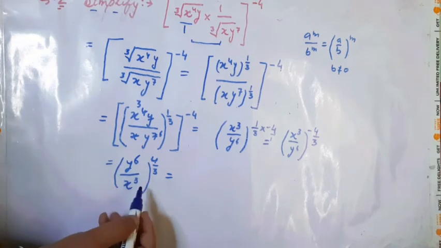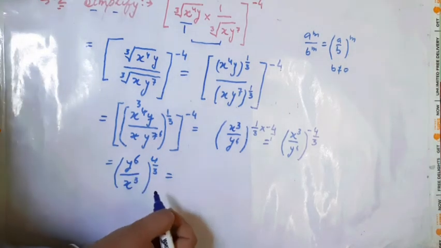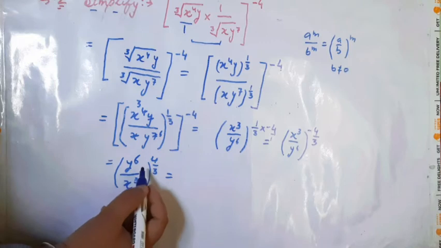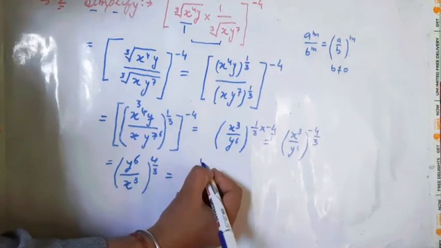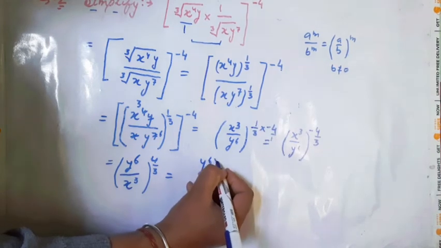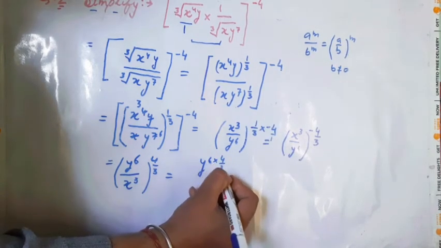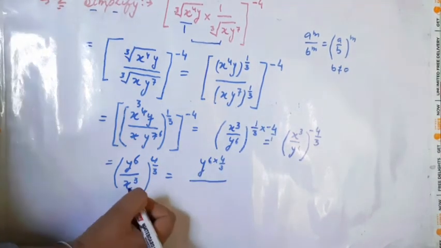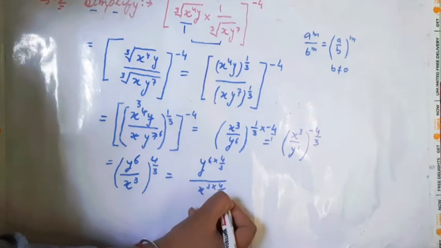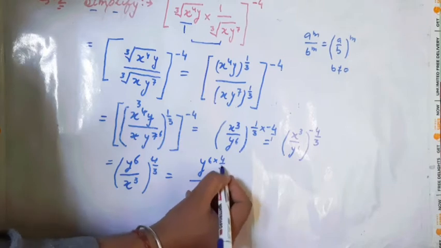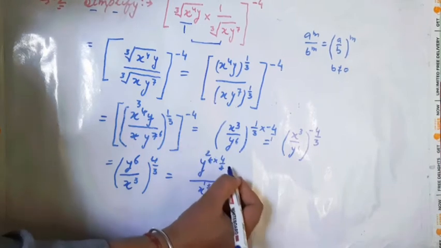Again power raised to power is there. So the power will be multiplied with both powers of numerator and denominator. So this will be equals to y raised to power 6 multiplied by 4 upon 3 whole divided by x raised to power 3 multiplied by 4 upon 3. So 3 ones are 3, 3 twos are 6.